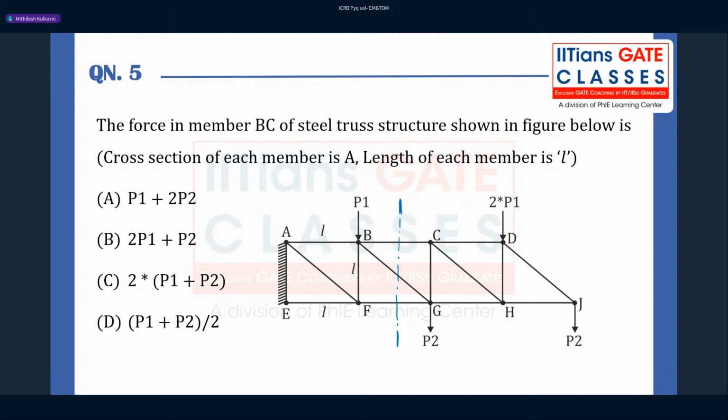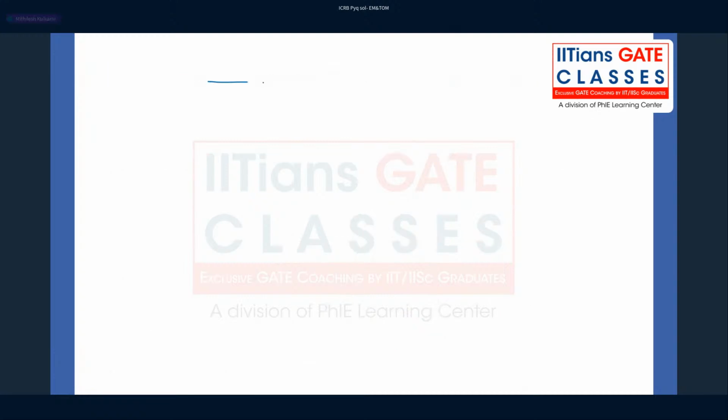It will look like this. And we can draw the free body diagram of either side. So in this case, let's draw the free body diagram of the right hand side. It will look something like this.